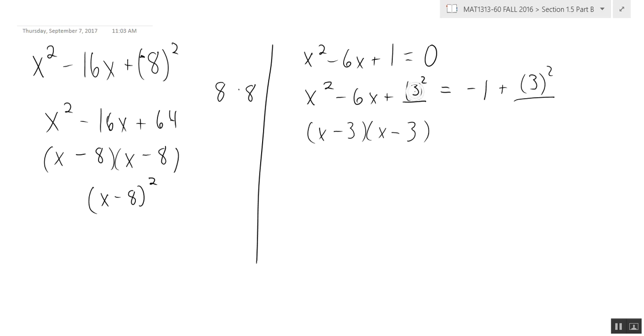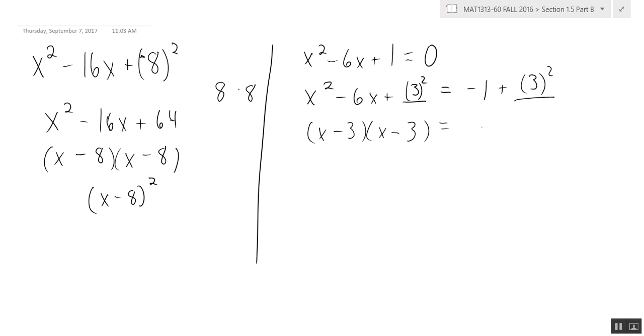So that gives me 3 squared, or 9, that will go in each blank. Now the left side is guaranteed to be a perfect square, something times itself. So you write down your x's first, then look at the sign in front of the middle term, write minus, minus, and then the number you got when you took half of what was in front of x goes in each of your factors.